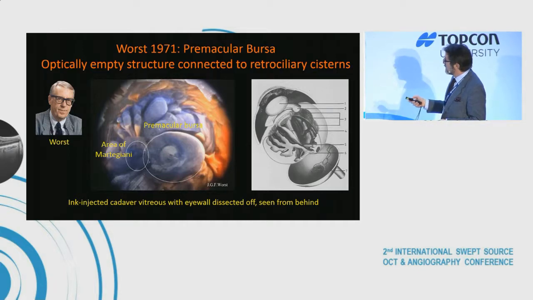And he reconstructed in his mind this complex system of cisterns within the vitreous, where the premacular bursa connects to this retrociliary system of cisterns, and was, in his mind, separate from Cloquet's canal, or what we maybe should more appropriately call the prepapillary gap.